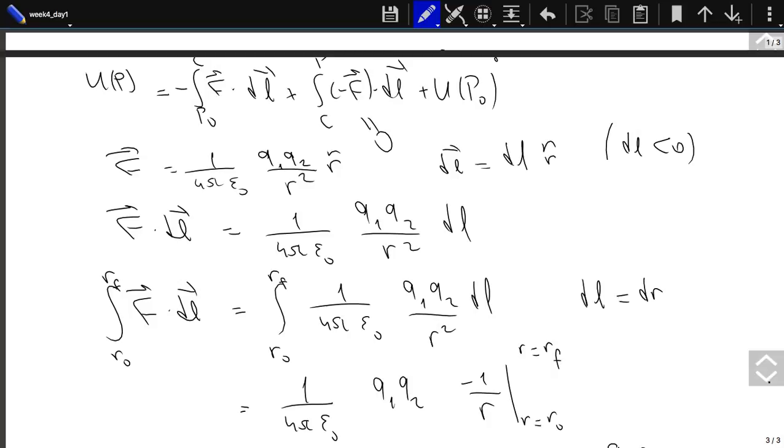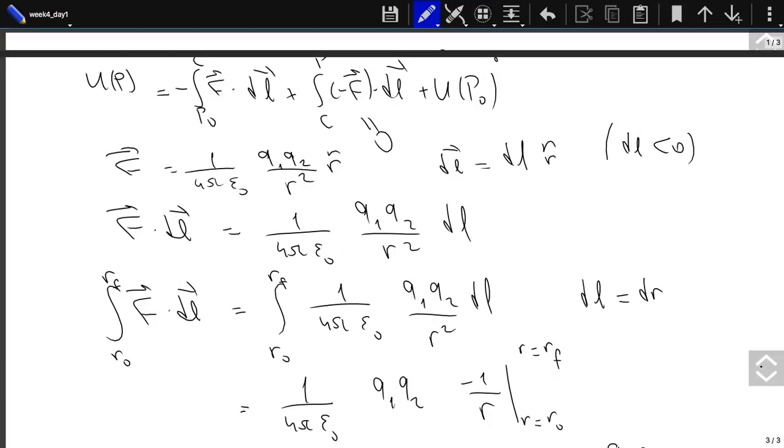So where is the mistake? F is in this direction. Which one? F? Yes. Why?